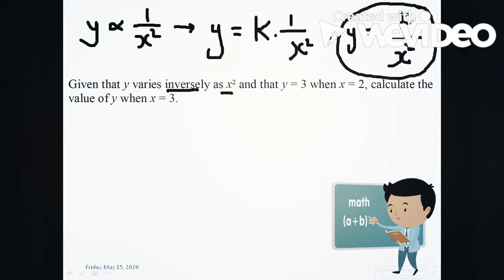And what we're going to do now is find k. We're going to cross multiply. So 1 times k is k, and that's going to be y times x squared.